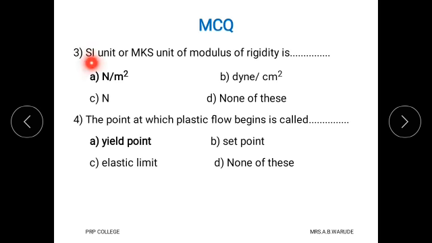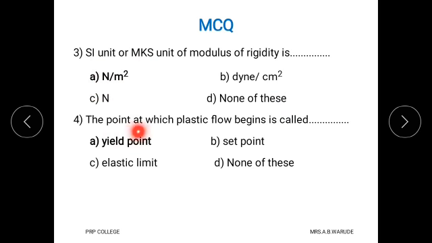Third question: the SI unit or MKS unit of modulus of rigidity is. Option A is Newton per meter square, option B is dyne per centimeter square, option C is Newton, and option D is none of these. As we know, the formula for modulus of rigidity is shear stress upon shear strain, and stress has the unit Newton per meter square, and strain has no unit, therefore the correct option is A, Newton per meter square.